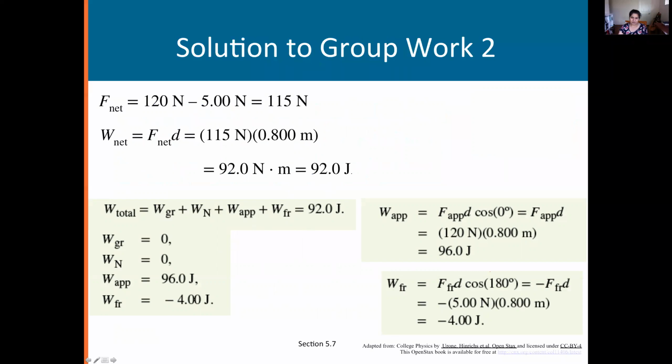And work done by the frictional force is negative because it's in the opposite direction to the displacement, so negative 5 times 0.8, so that's going to give me negative 4 joules. I think by mistake I might have said 40 earlier. That's negative 4 joules. I stand corrected, okay? And you can see that all of this sums up to that same total amount of work.